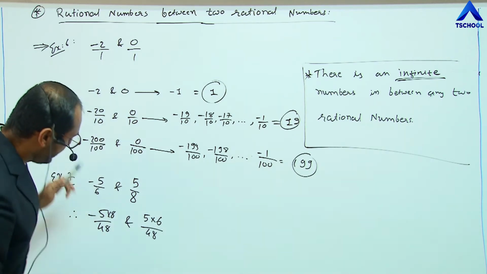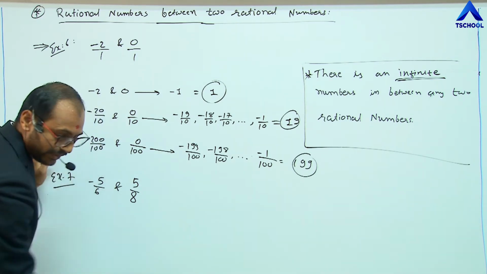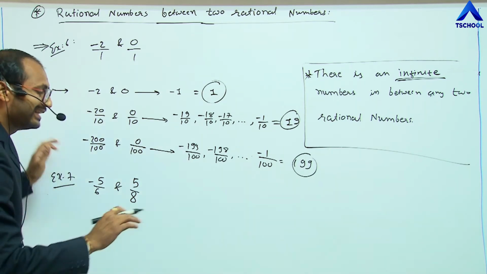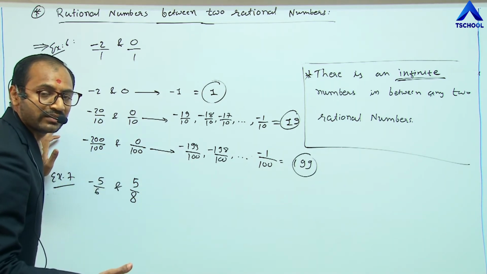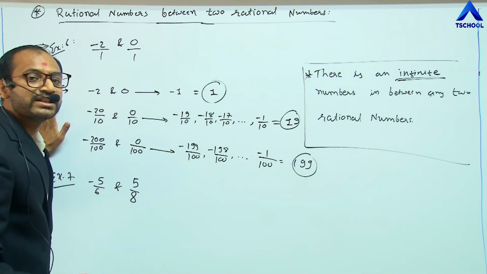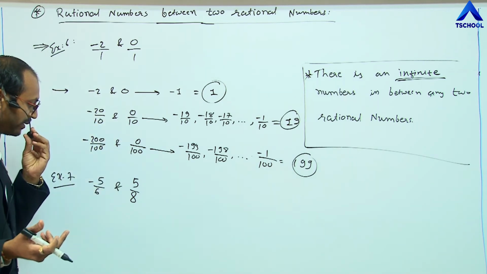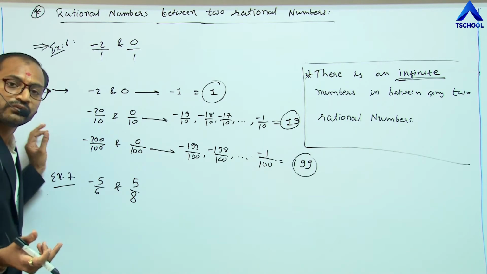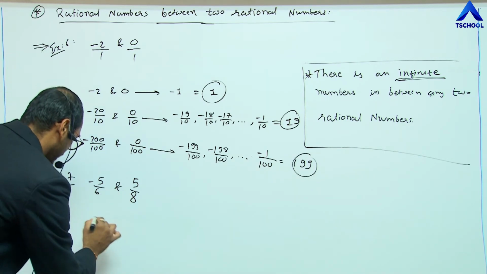So I can take the LCM of these two as 24. 48 is also a common multiple, but the first common multiple is 24.